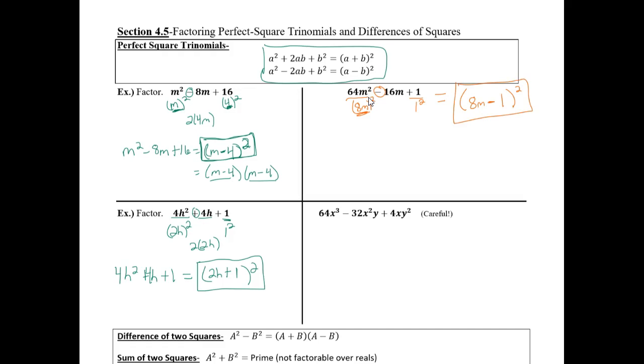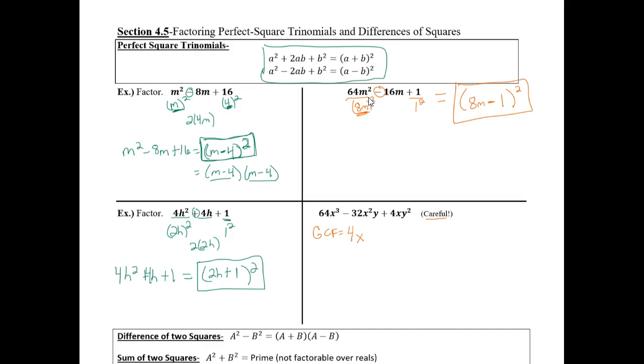Same thing down here. Only, I said be careful, because there is a GCF on this problem. There hasn't been one yet. There's nothing that has been in common in all three terms, but this one does have a GCF. I can take out, let's see, a 4 and an x.